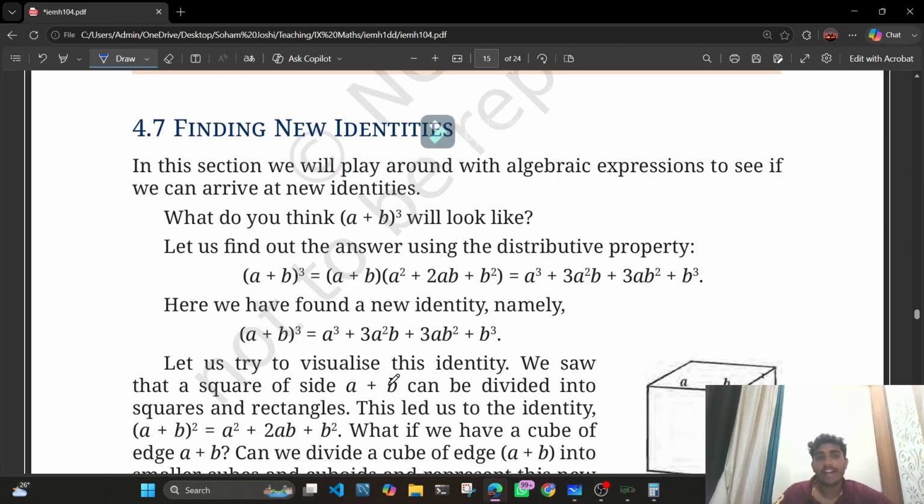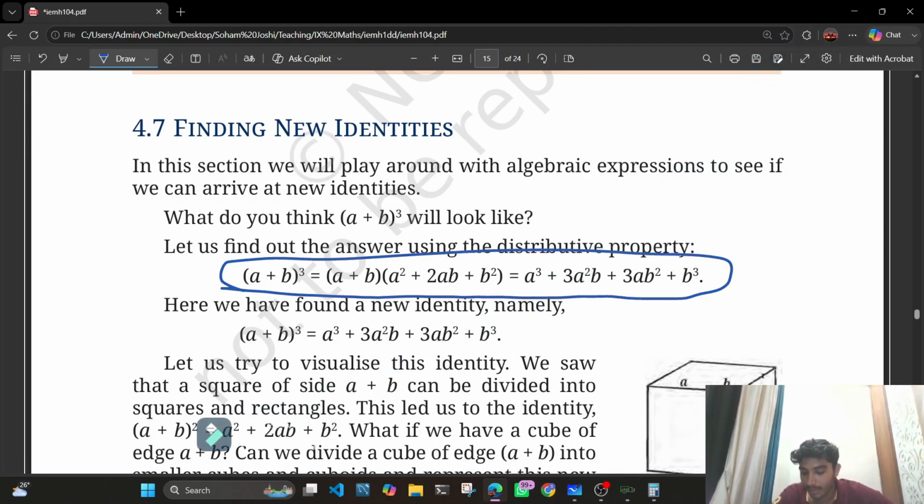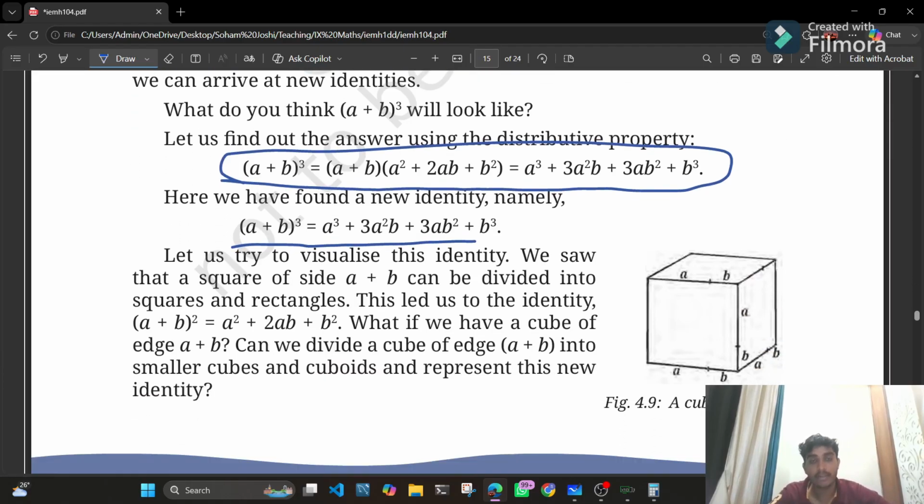That is it. We have some more identities that you just need to learn, that is (a + b) whole cube. So (a + b) whole cube is equal to a cube plus 3a square b plus 3ab square plus b cube.